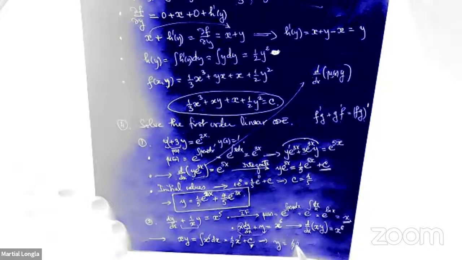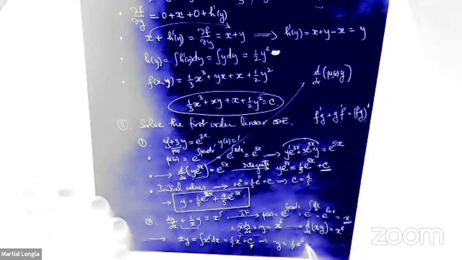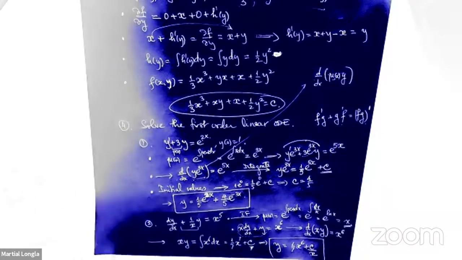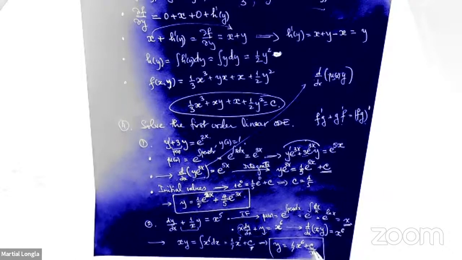Then we get y equals 1/7 x to the 6th plus c over x. Notice that in this case, when you forget the constant of integration, it's not just a constant you're missing. You're missing c over x. That's a bunch of functions, right? It's not just c.